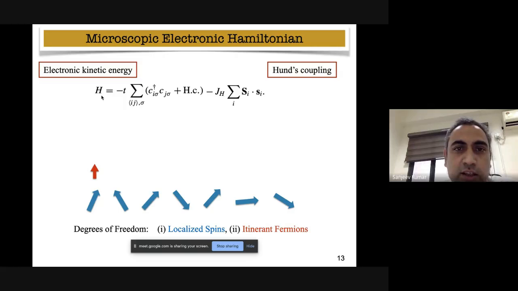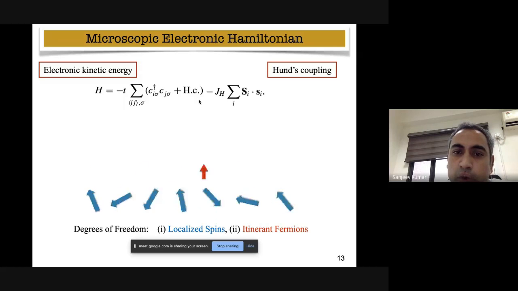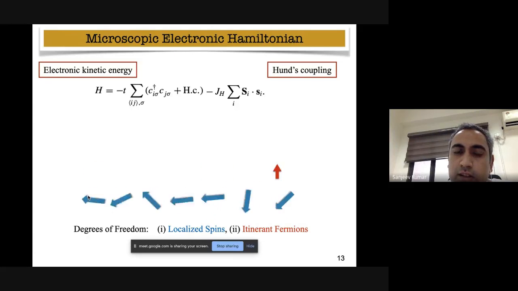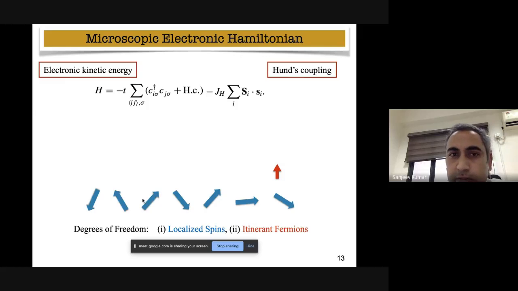There are two degrees of freedom in this model. One is these red objects, which are electrons, and these electrons can hop around. The other is the local spin degrees of freedom, which can orient. These cannot move around; they can only reorient at the same site. So the electron can move around and the spins can rotate.